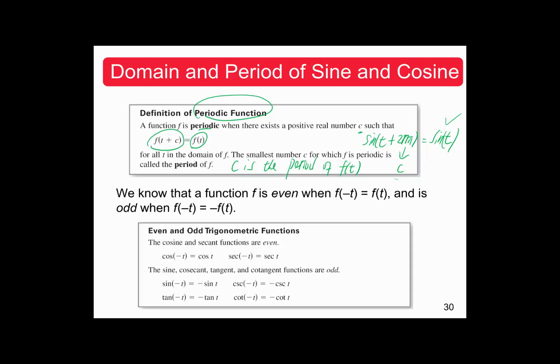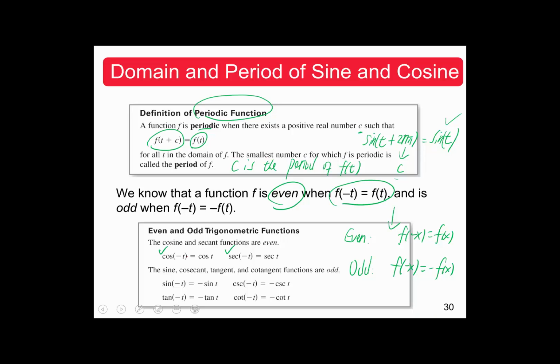And we know that a function is even when f of negative t equals f of t, and odd when f of negative t equals negative f of t. The original version is f of negative x equals f of x, but now the variable becomes t. Similarly, for an odd function, f of negative x equals negative f of x, and the variable becomes t here. So there are two even functions among all those trigonometric functions: cosine and secant.